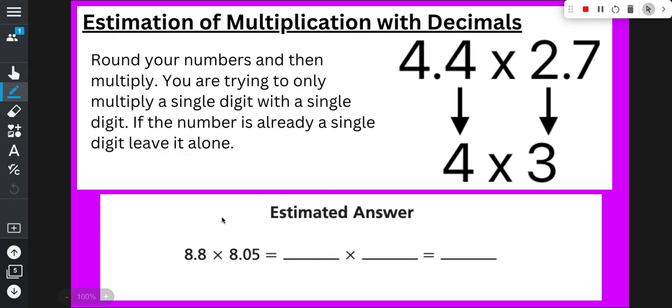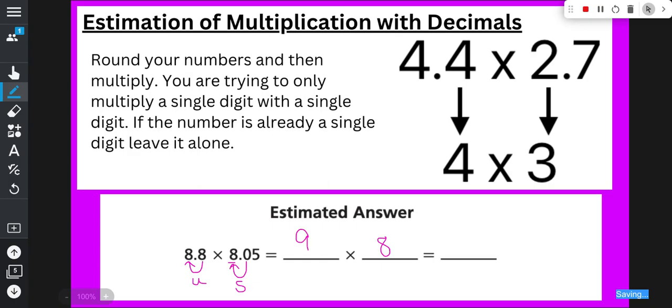Let's take a look at an example. If I have 8.8, this 0.8 is going to tell that 8 what to do, and it's saying to go up. So we want to go up to 9. The next one, we want to round to the nearest whole number, so that 0 is telling us what to do, and the 0 says 8, you should stay.